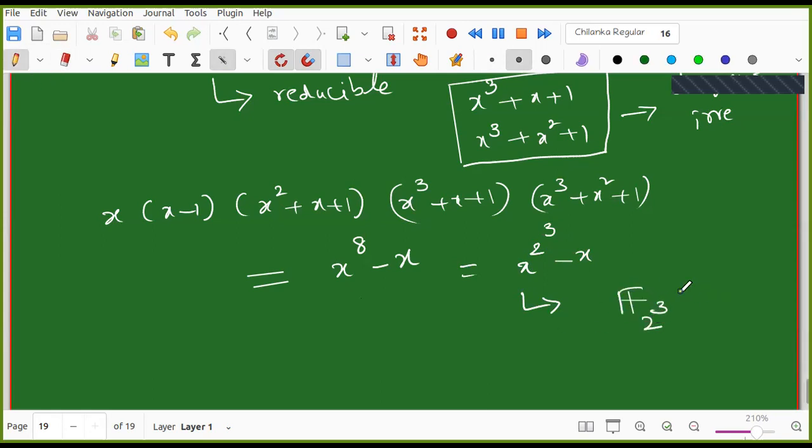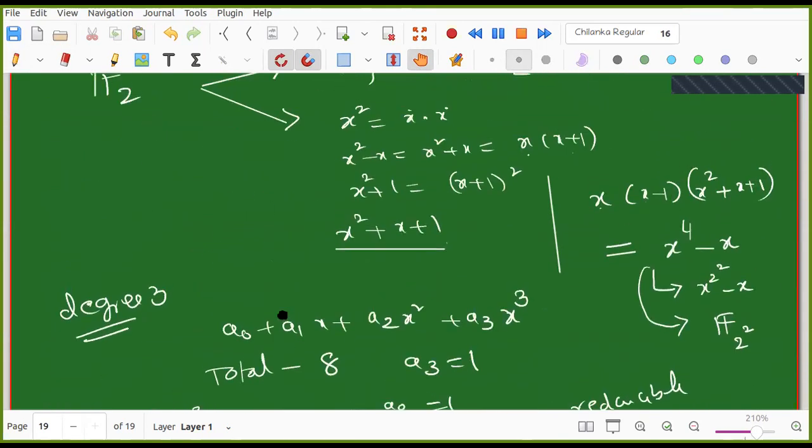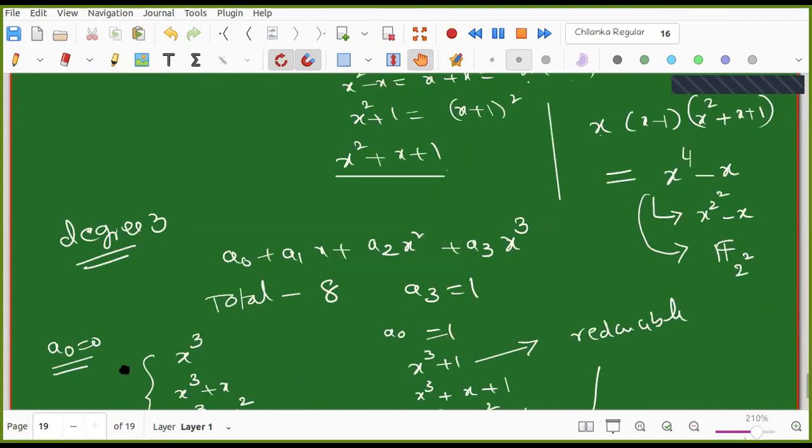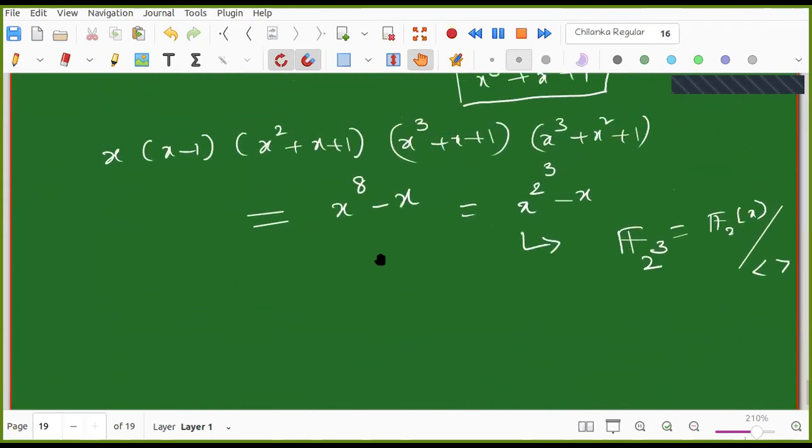Actually this is isomorphic to F2[x] modulo the ideal generated by either of these degree 3 polynomials. So if you go like that, you can show that for any given n, there is an irreducible polynomial of that degree. That way you can also prove that there exists a finite field with p power n elements.